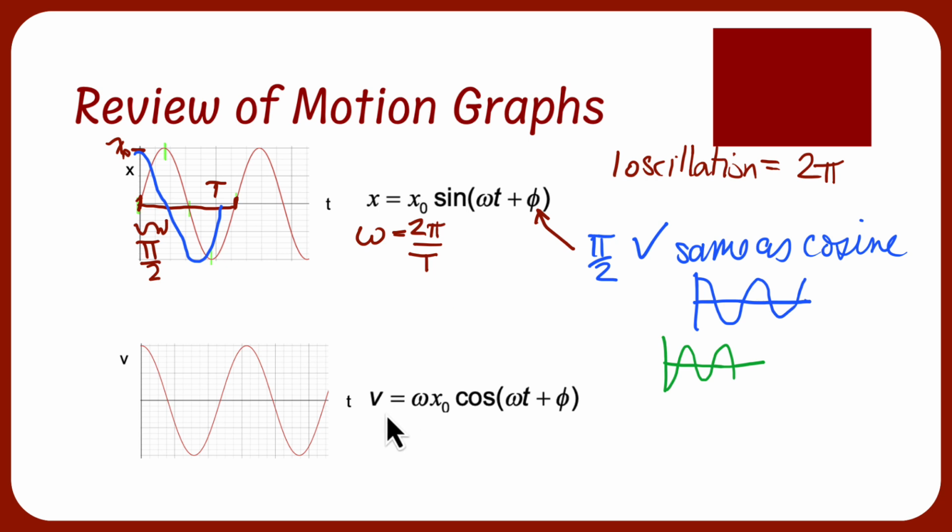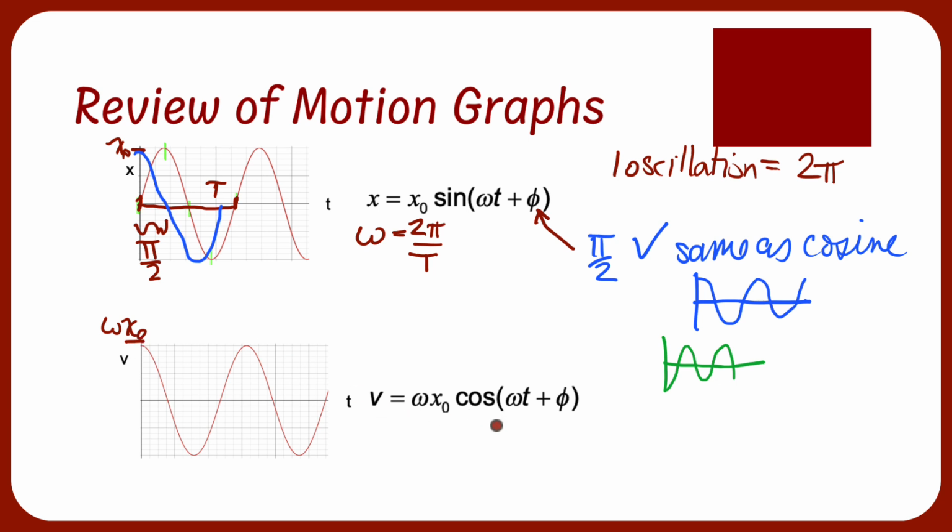The other equation we have here is that we've got the velocity is this, omega x naught. Again, on my graph, this would be then the amplitude, the value in front of the cosine. In our case here, it's related to our displacement time graph, but it's not exactly the same. And you can see I start here at time equals 0 with a maximum value, which is why they wrote cosine.